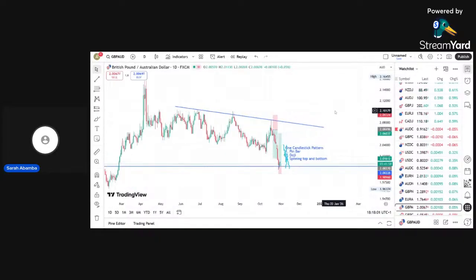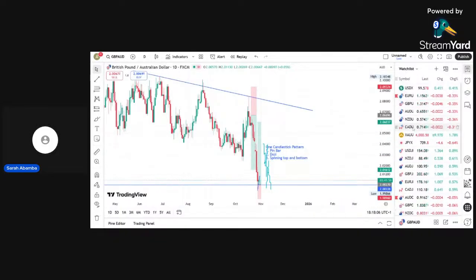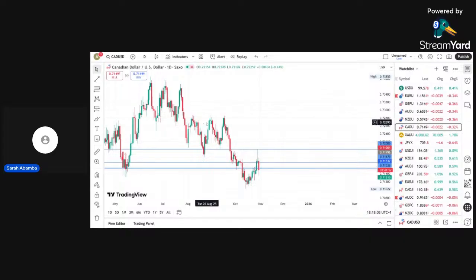I think I should go to a plain chart so that it will not look as if I've marked my chart before. I'm very good at marking my chart. Okay, let's do it this way.